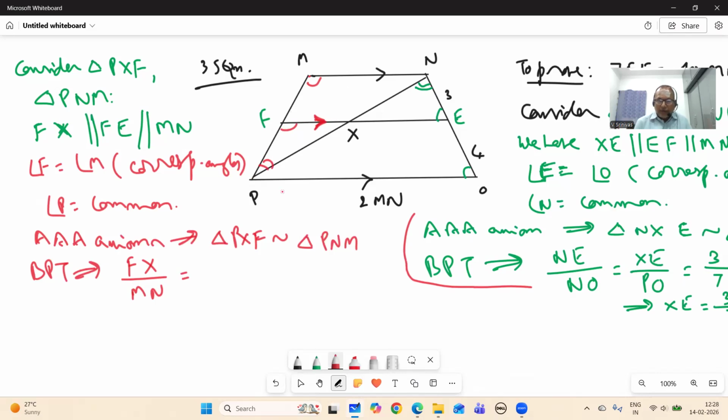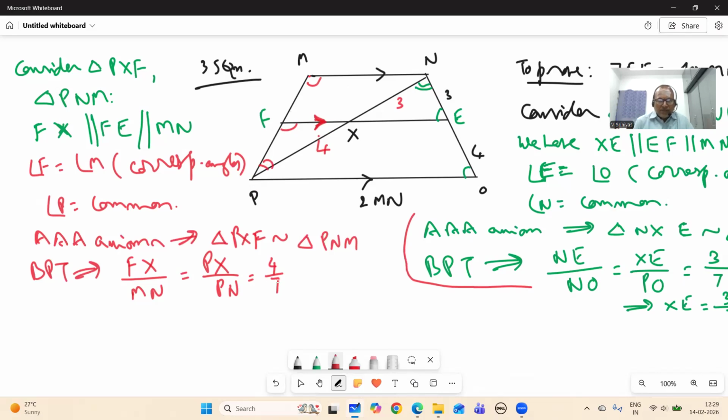FX by MN will be equal to PX by PN. And we have NE to EO as 3 is to 4, so this also will be 3 is to 4. So when we compute, if PX is 4 units, PN will be 4 plus 3, 7 units.